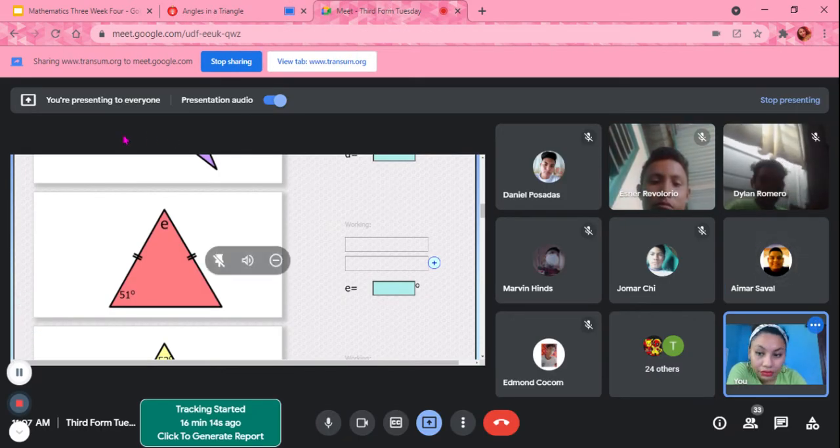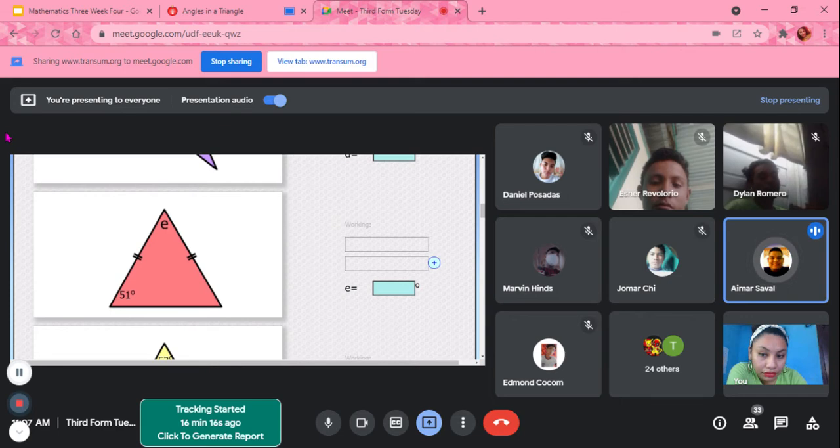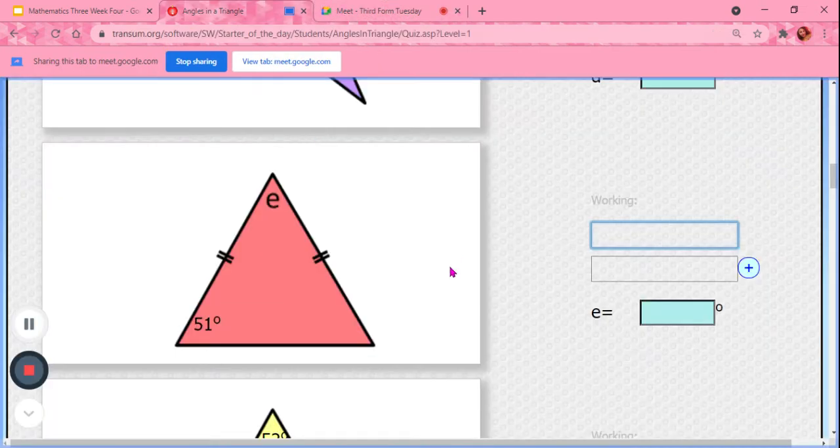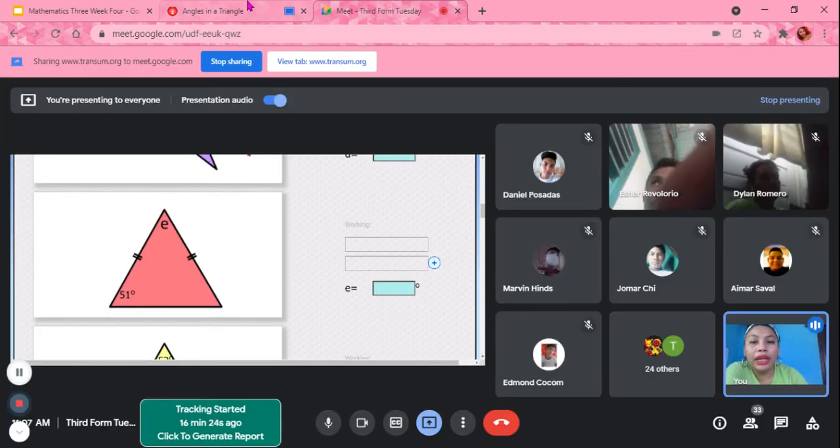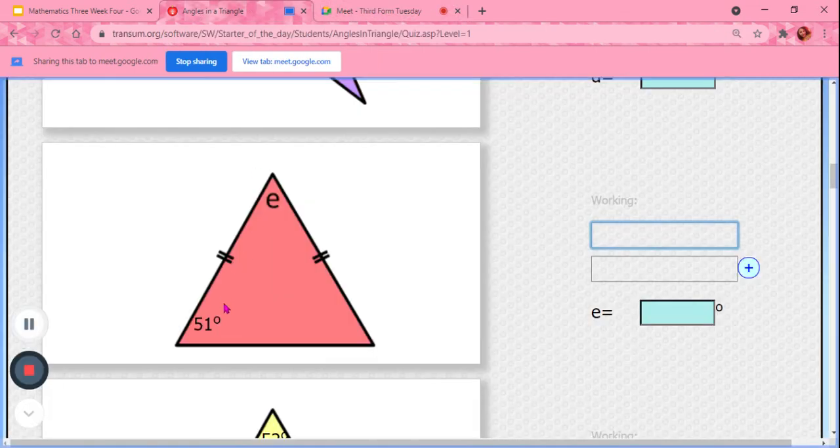Okay, in this case, because it is an isosceles triangle, it means that two angles are the same, the two angles at the bottom, opposite to the equal sides.